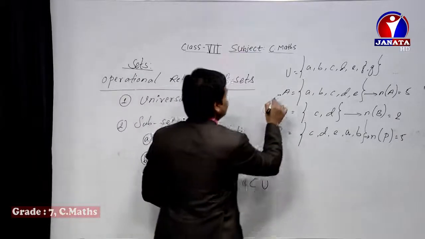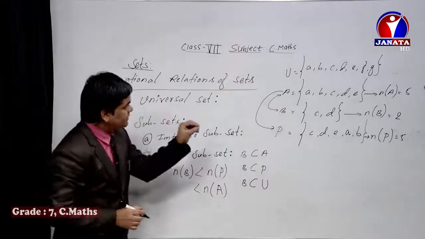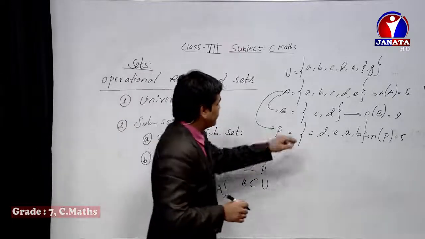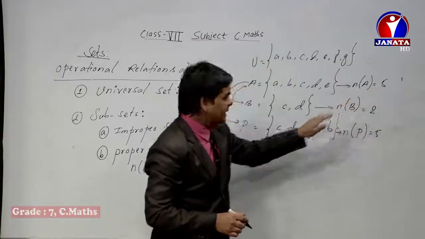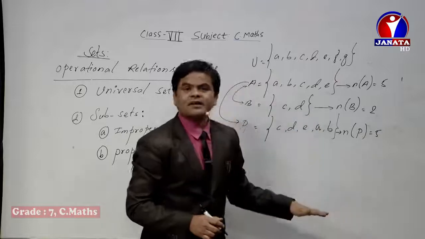If you see the relationship between sets A and P, look, dear students, cardinally there are 5 elements in A, and in set P also there are 5 elements. Cardinally they are equal.